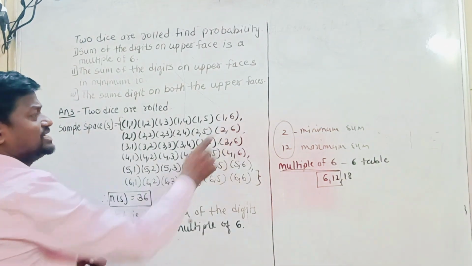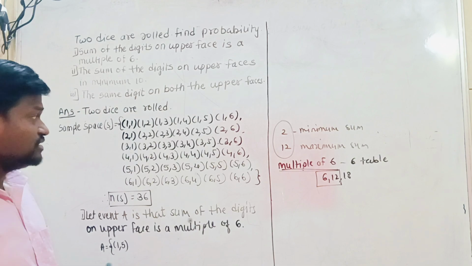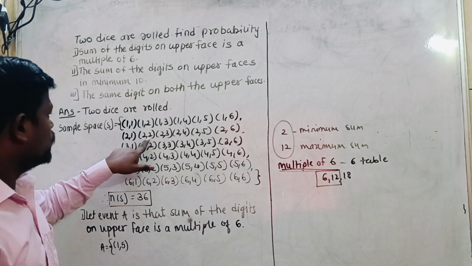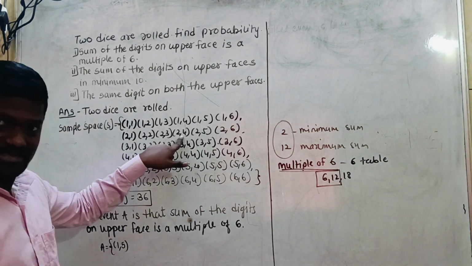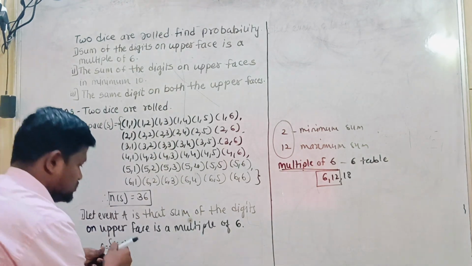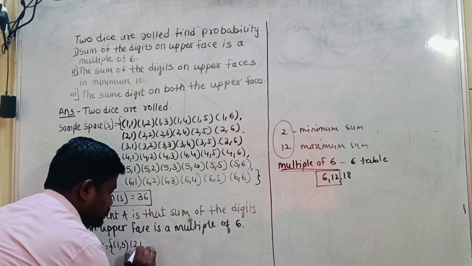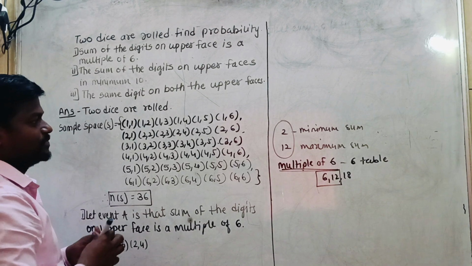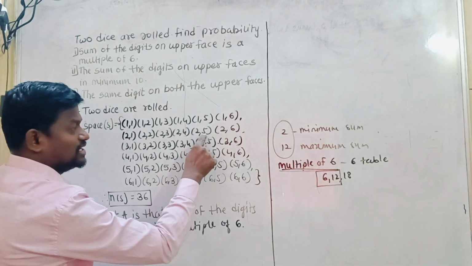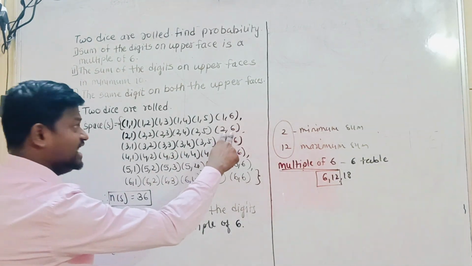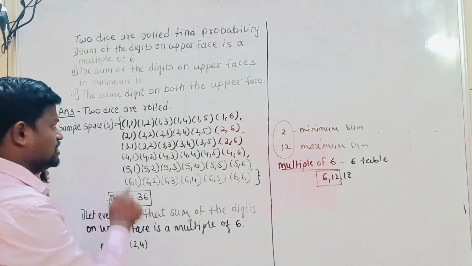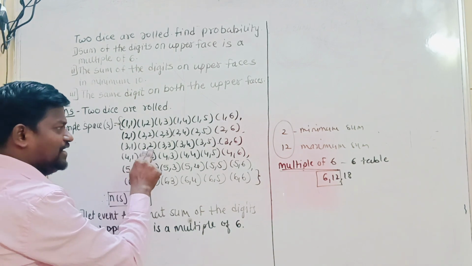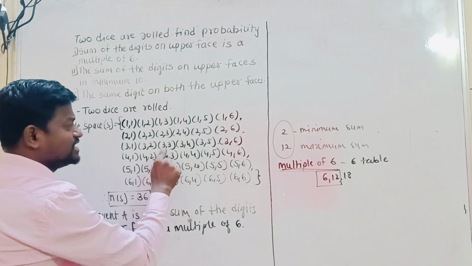Next 1 6 that is 7, not in the table. See 3 4 5 6. So we have to write down this. Then 2 4 is 6. 2 plus 5 is 7, 8 not in 6 table. 3 plus 3 is 6.